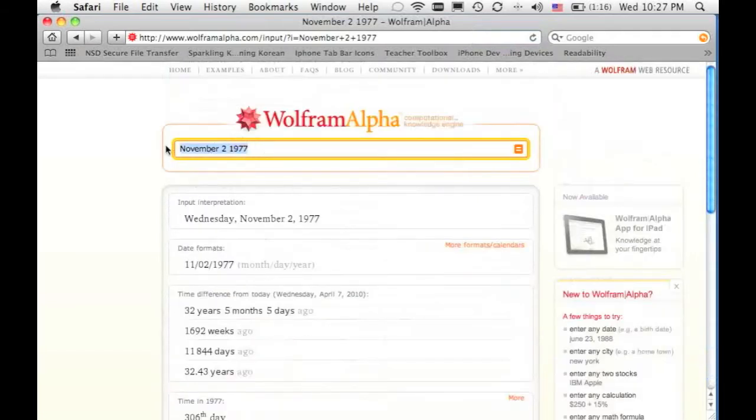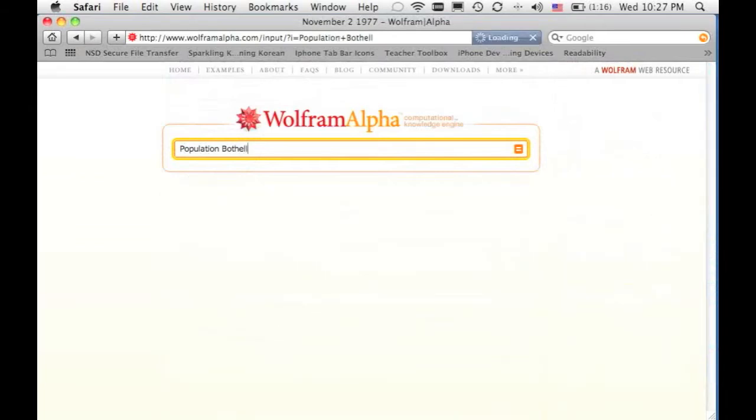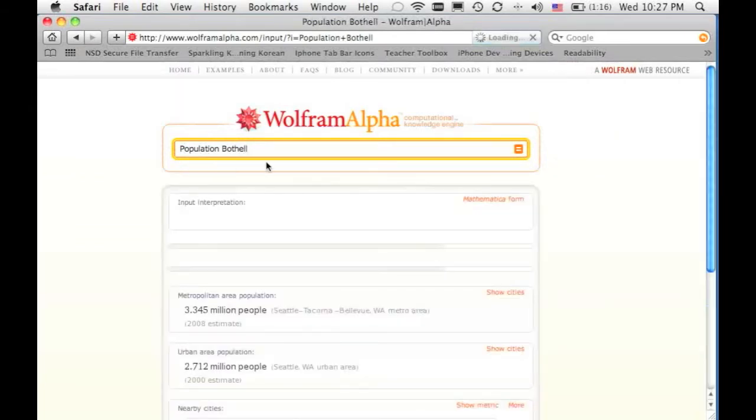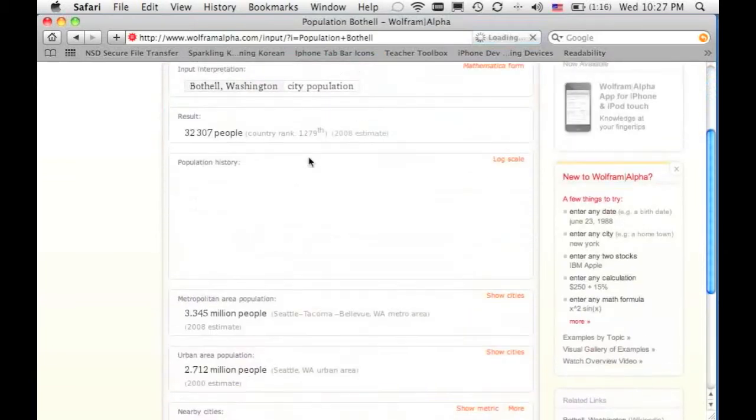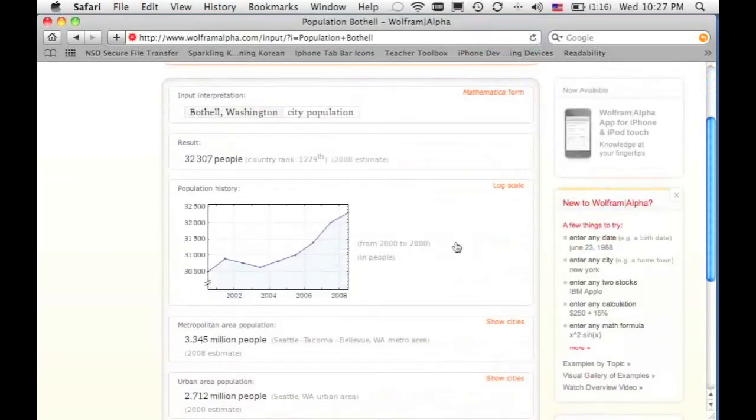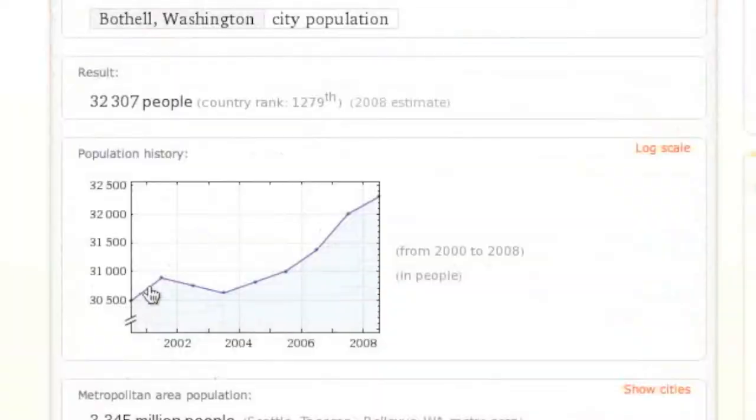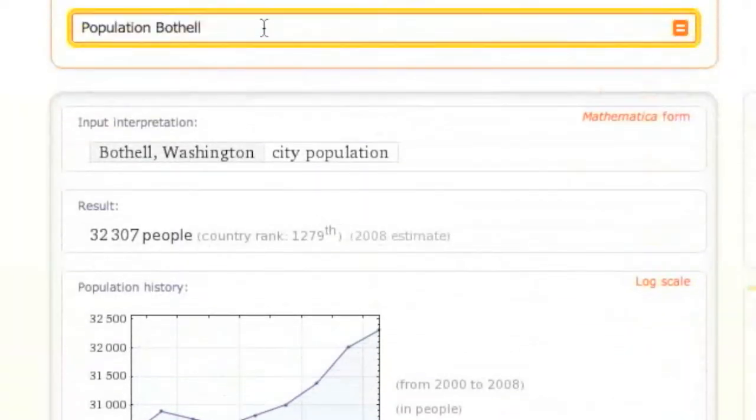How about population of Bothell? And we can get some quick figures on the population. We can see the trends here in population. Let's compare.